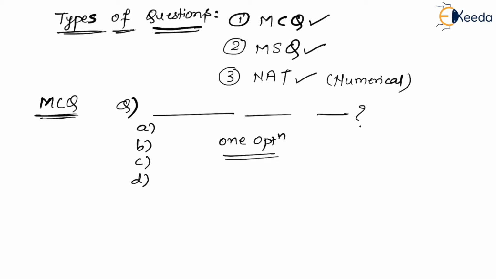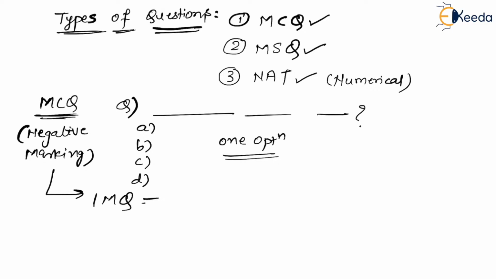Now see here, in MCQ type only, you are going to have something called negative marking. Negative marking, what does that mean, sir? For 1 mark questions, it is going to be 1/3 negative marking, and for 2 mark questions, negative marking is going to be 2/3.